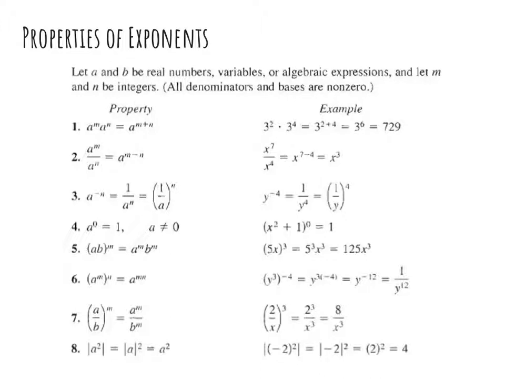Number 6, a to the m to the nth power, we're going to multiply those exponents. We can also distribute our exponent to both the numerator and the denominator of a fraction. And number 8, the absolute value of a squared is equal to the absolute value of a squared, which is equal to a squared.